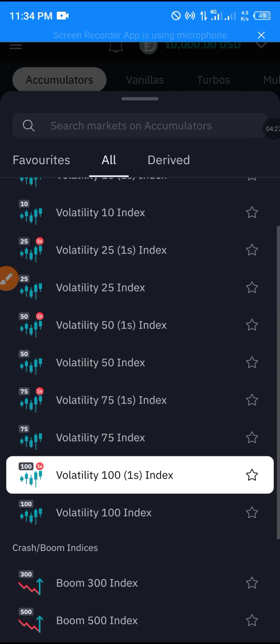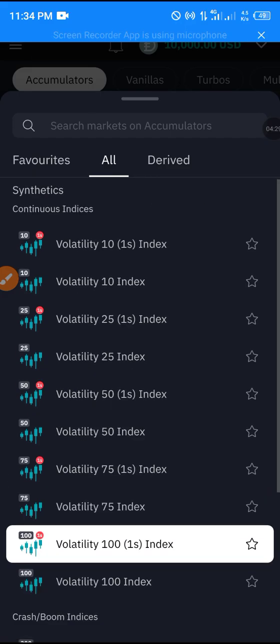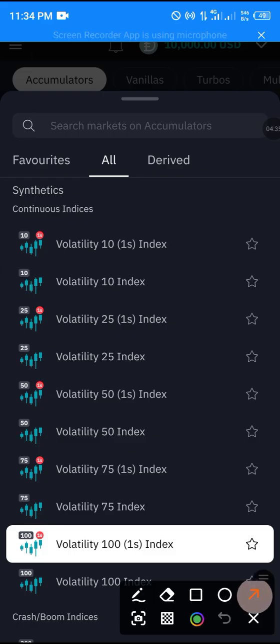Look at these, these are indices which you can actually trade, and as a beginner you are meant to trade the ones that do not have 1s. If you look at it very well, you see the ones that have open bracket 1s close bracket, which are these ones here, and all of them have one second.